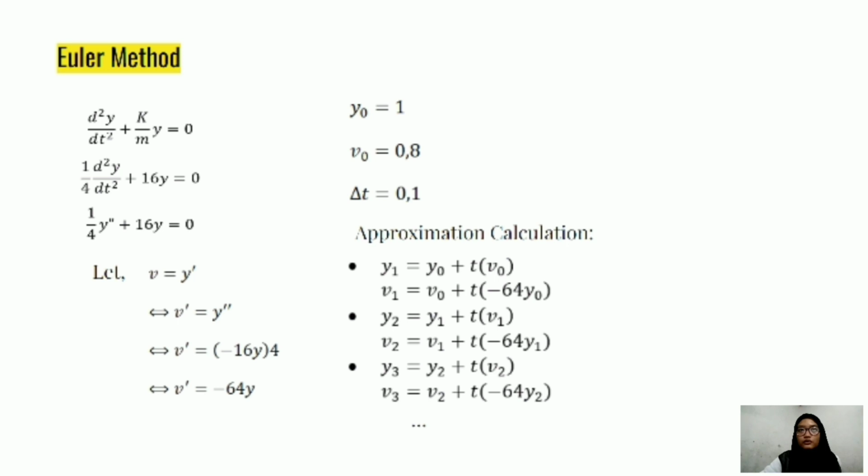Let v = y', so v' = y''. Then v' = -16y times 4, so v' = -64y. Given that y0 = 1, v0 = 0.8, and delta t = 0.1. So the approximation calculation is as follows.